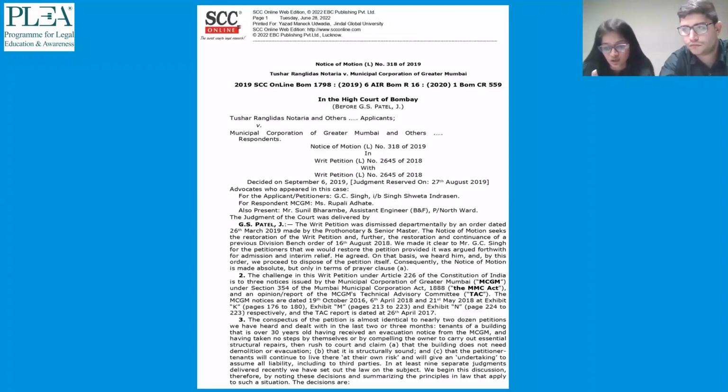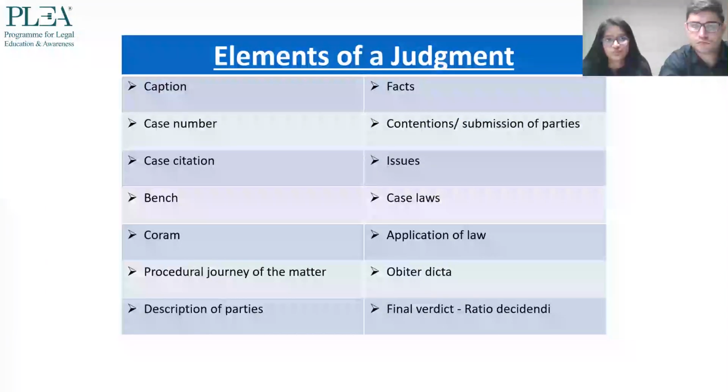Several times there are a lot of respondents, as in a case which has 8 respondents, and the judgment can describe either a few respondents or all of them. The description of parties will give you the party who is initiating the legal proceedings, or the party who is defending them.